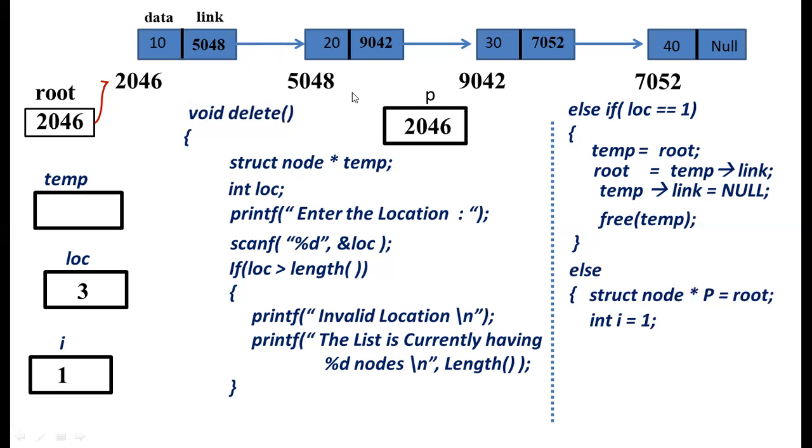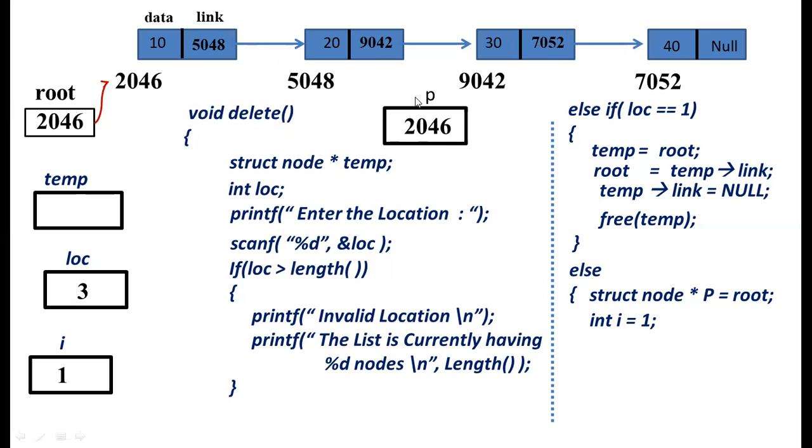So p contains the root value, that is, the root value is 2046. So 2046 is stored into p. Now, what do we have to do? To delete this particular node, we need to bring the control to this particular location.